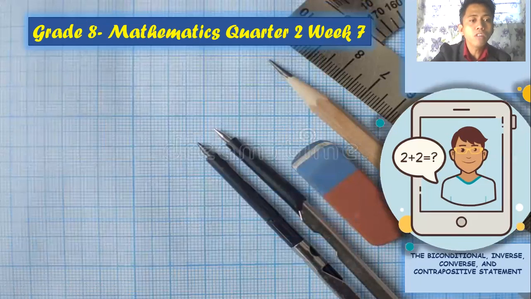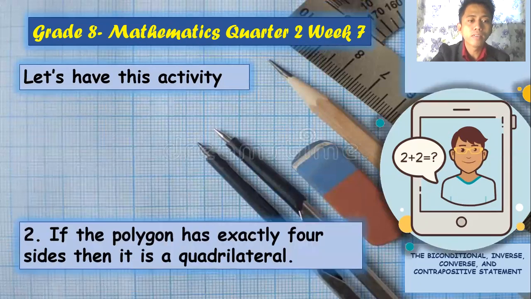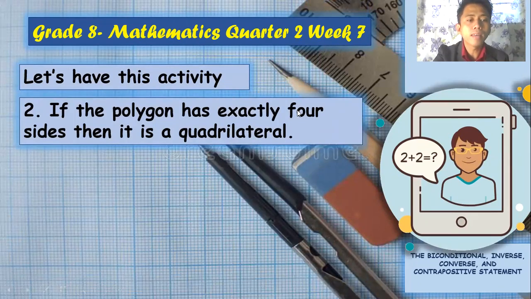Okay, so let's proceed now to our second example. If the polygon has exactly 4 sides, then it is a quadrilateral. I will repeat: if the polygon has exactly 4 sides, then it is a quadrilateral. What did you observe about this statement? Yes, this statement was constructed in the form of an if-then statement.